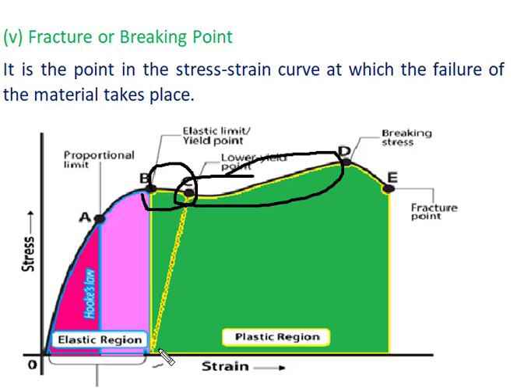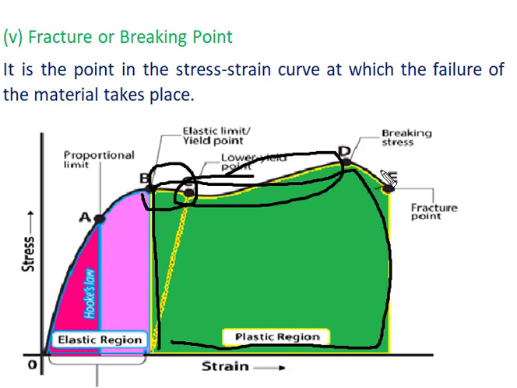So this whole area is called the plastic region. And then beyond this, it goes to the fracture point. Materials like glass break down. So different materials have different properties. These are the significance of stress and strain applied on the material.